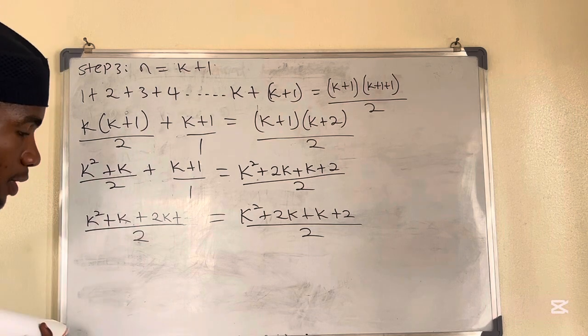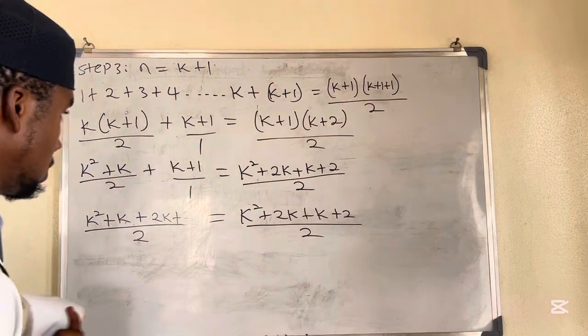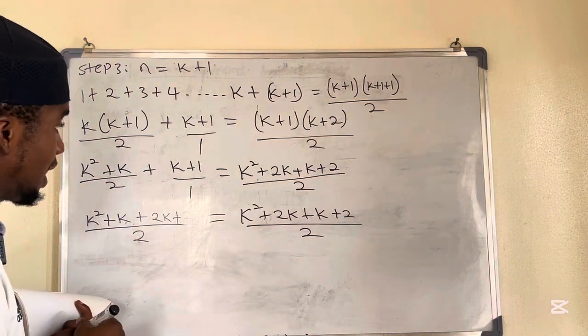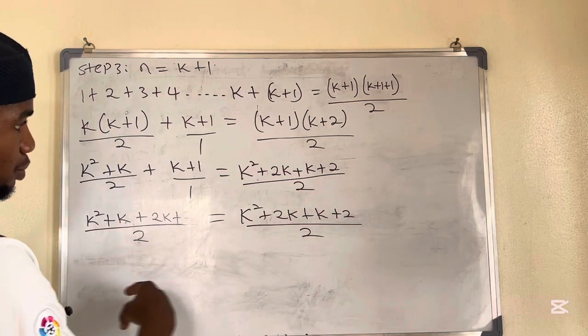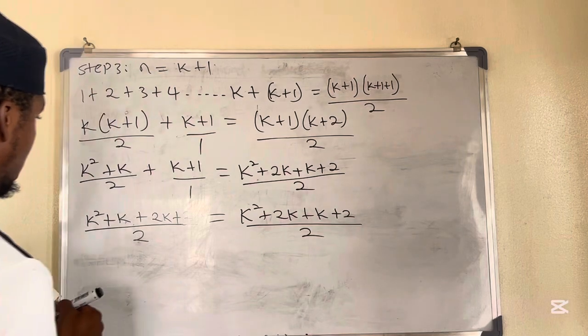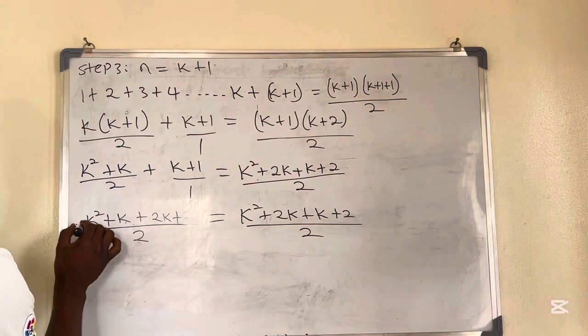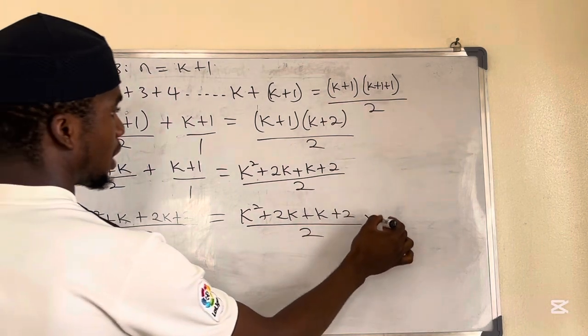So the next thing to do, we can remove this fraction by either cross multiplying, or by multiplying both sides by 2.